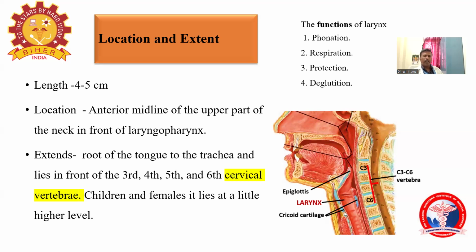The average length of the larynx is 4 to 5 centimeters. It extends from C3 to C6 vertebra at the level of the cervical vertebra. The functions of the larynx are phonation, respiration, protection, and deglutition. These are the four major functions of the larynx.